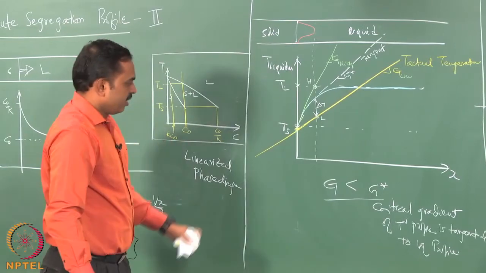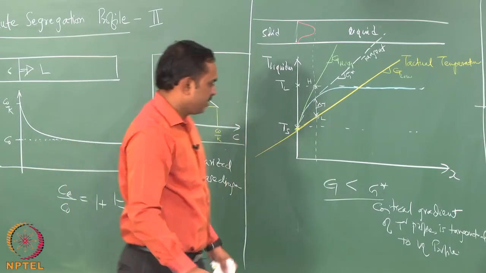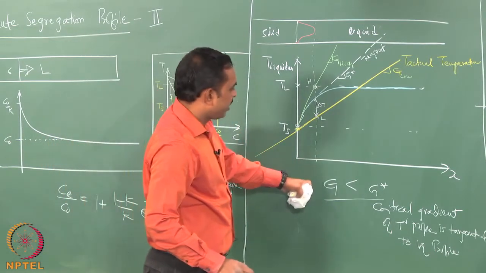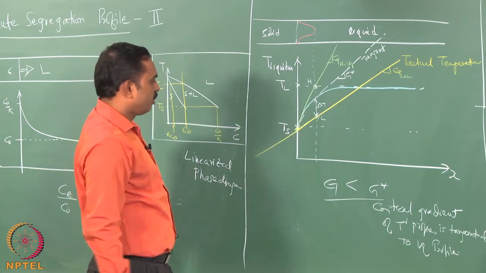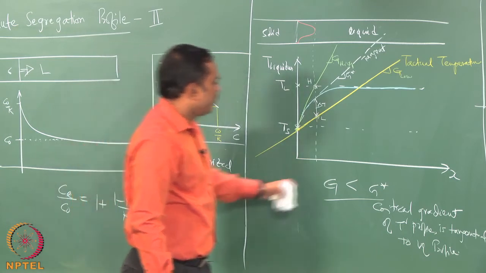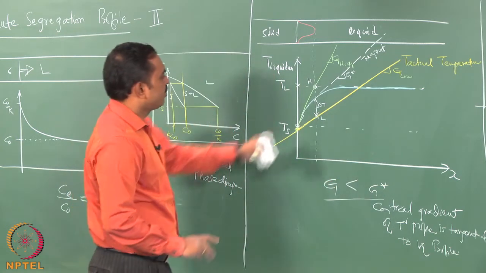So, this criterion is also called the criterion to know that solute undercooling will be taking place. So, it is also called the solute undercooling criterion. So, what will be the G star is important for us to inspect.